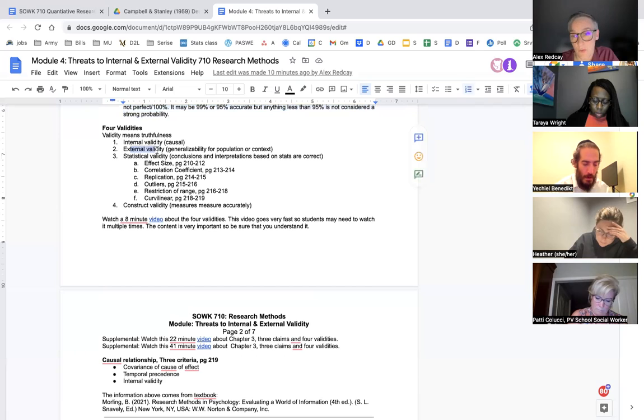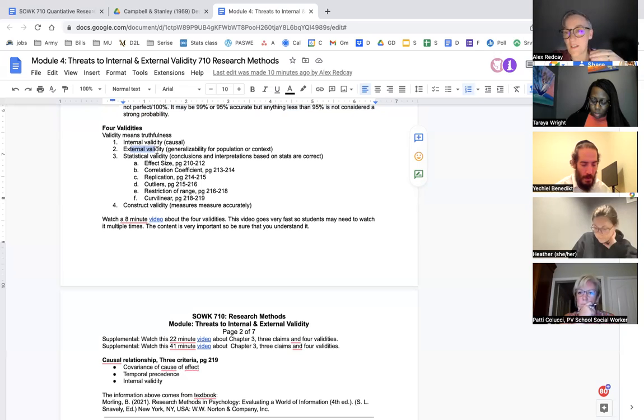Then there's external validity. What that means is, can we say that these results apply to other people, right? I'll give you an example. CBT therapy is effective with white folks. It is less effective with Latinos. So if I do a study with white folks to say CBT was effective with these white folks, it is not generalizable to other races because I only studied white folks.